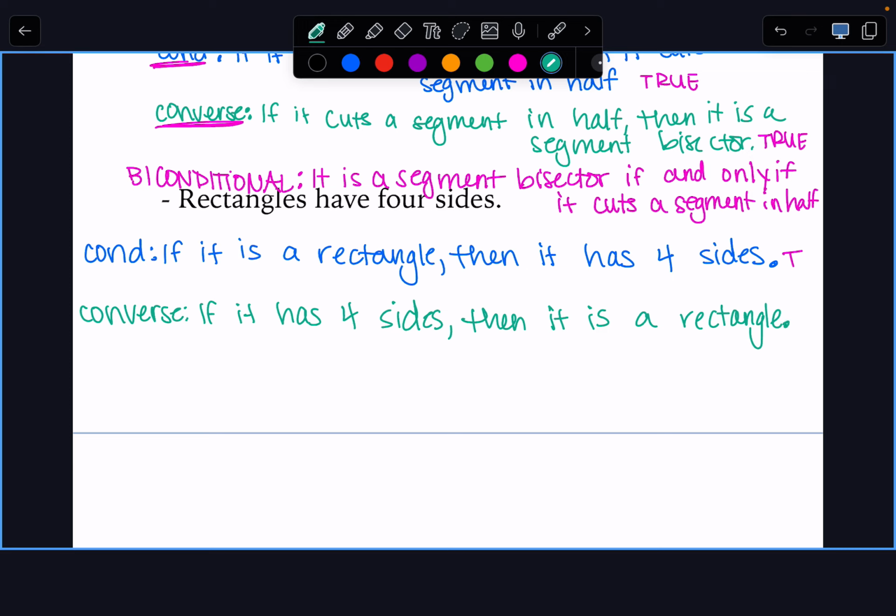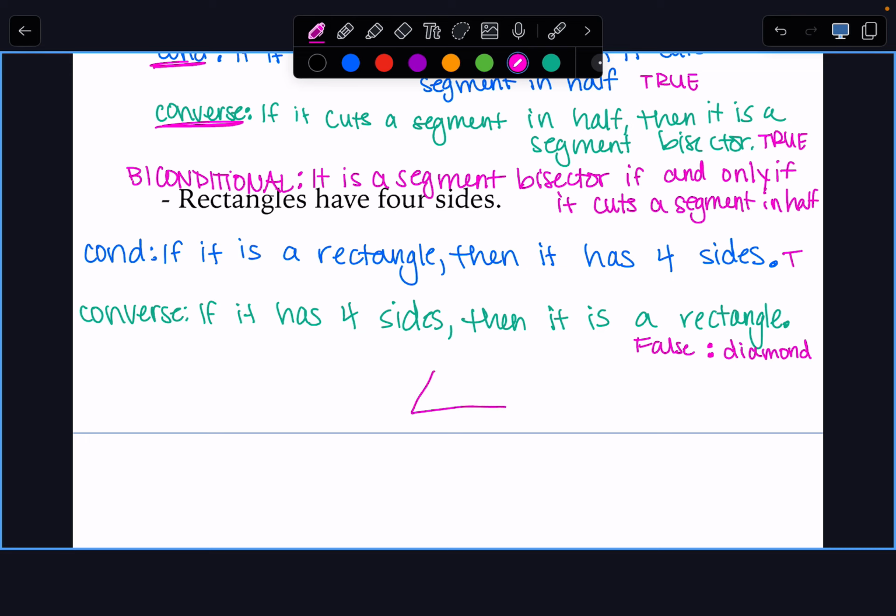Somebody whispered false. What's your counterexample? A square is a rectangle. Diamond. One of those weird looking shapes with a random set of dots, a quadrilateral that's longer. A triangle with a trapezoid?